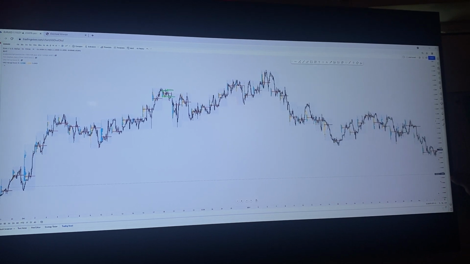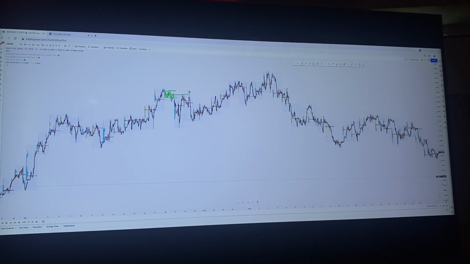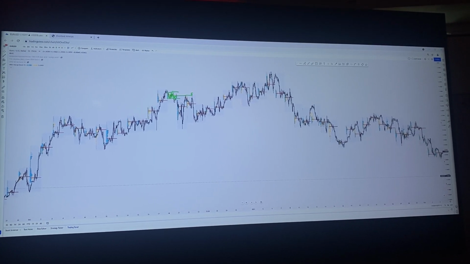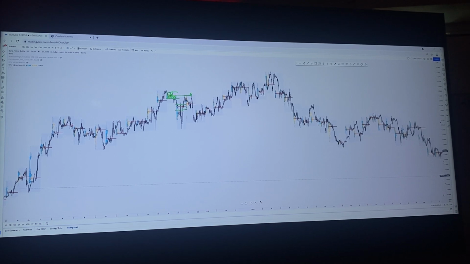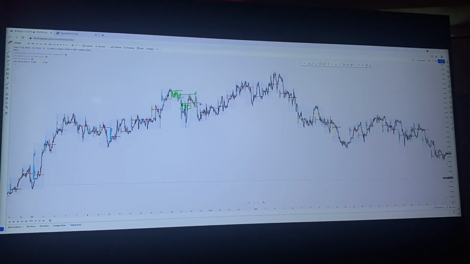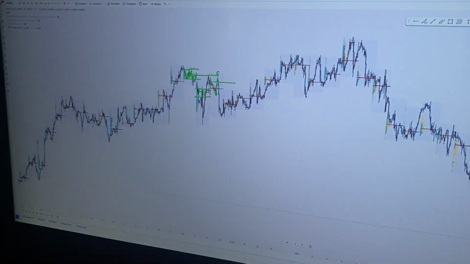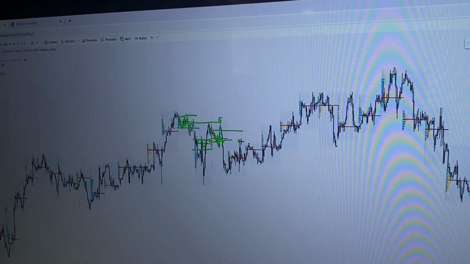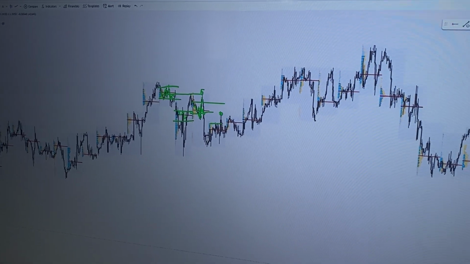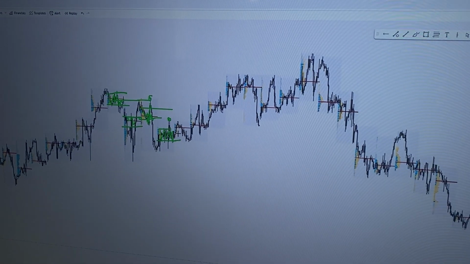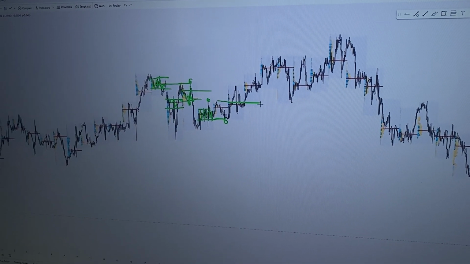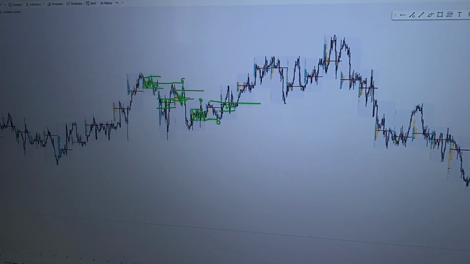If you look at this level closely, what happened? Price came there and then dropped. You see this level here?